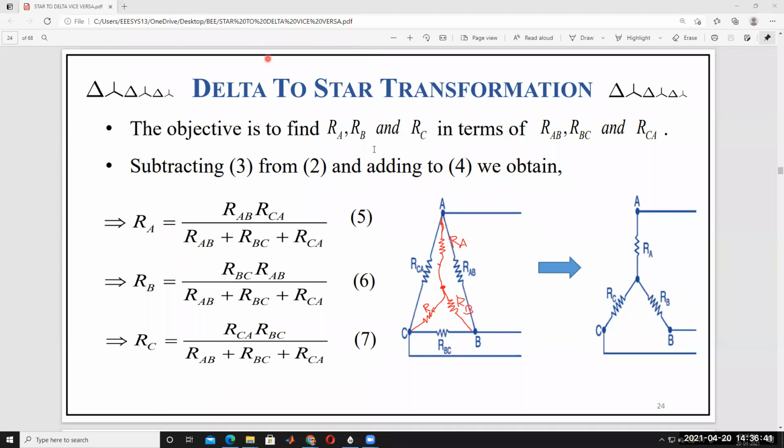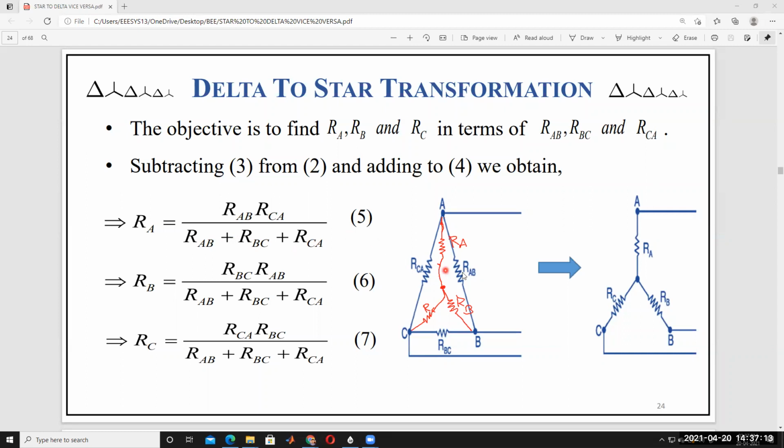Delta to star connection. So here this RA is in between RCA and RAB. Understood? This resistance RA is connected across here in the middle in delta to star conversion. Here RA is nothing but the multiplication of adjacent resistances, RAB into RCA, multiplication of two adjacent resistors divided by the addition of all these resistors, RAB plus RBC plus RCA.